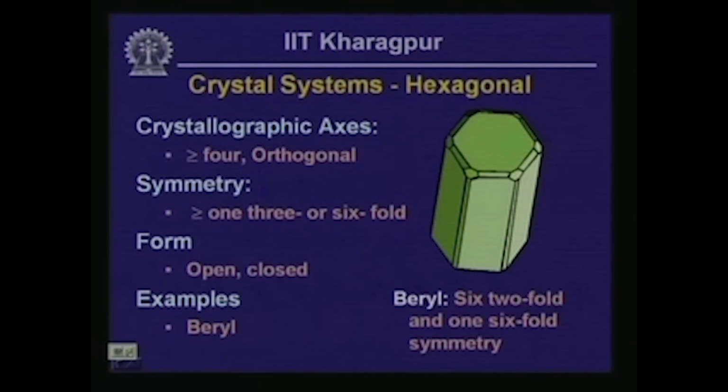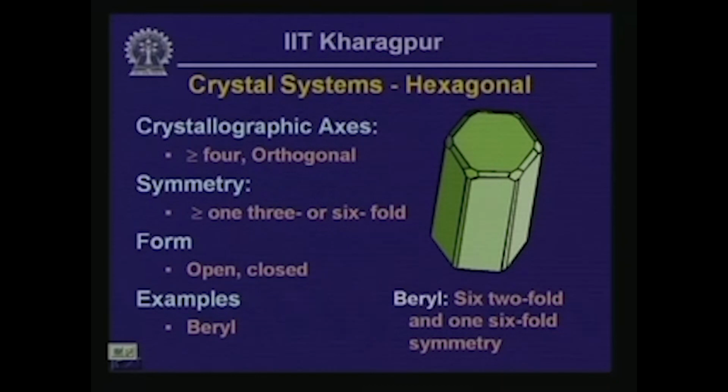The example shown on this slide is that of the mineral beryl, and first of all let us discuss how the crystallographic axes in this case are going to orient with each other. This family requires at least 4 crystallographic axes.